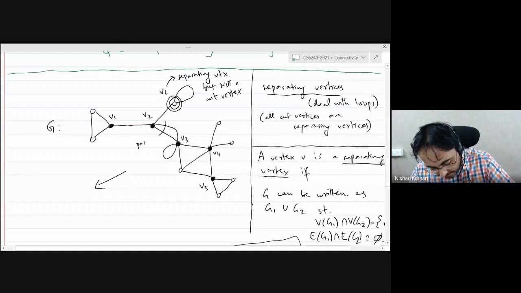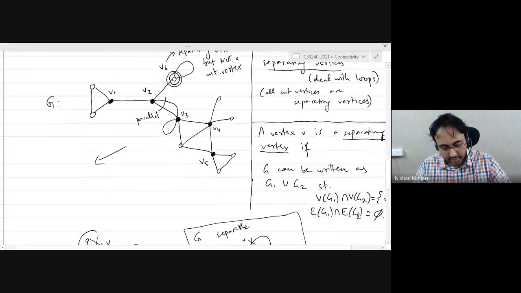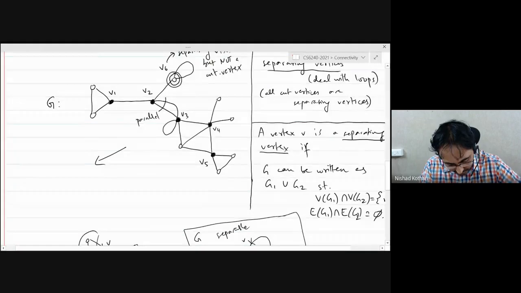In the case of parallel edges, you would replace them by a single edge joining the 2 vertices. And whenever you have a loop, you would just throw it away. So the underlying simple graph for this graph, let me just quickly draw it for you.